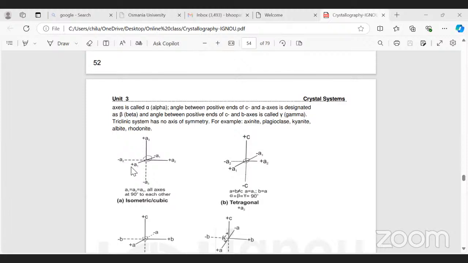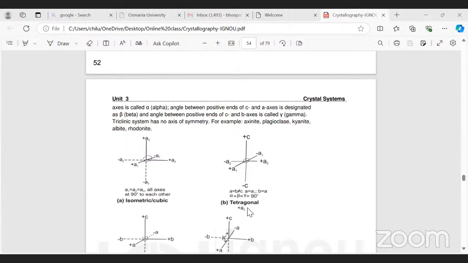On all sides, front and back, they are equal. Iso means equal, so we call it an isometric system or cubic system.